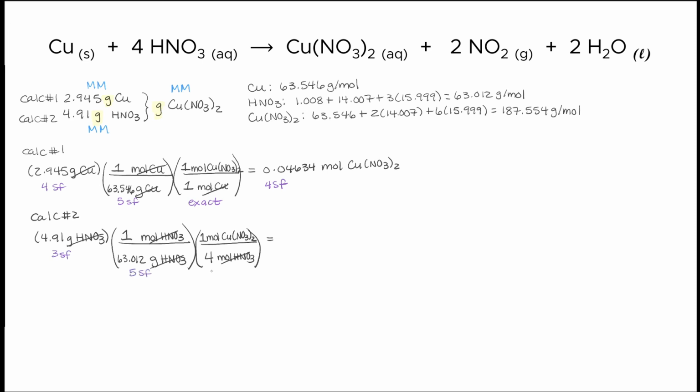Stoich is exact. And our final result will be rounded here to 3 sig figs. So doing the math, 4.91 divided by parentheses 63.012 times 4 parentheses gives us 0.0195 moles of copper 2 nitrate.